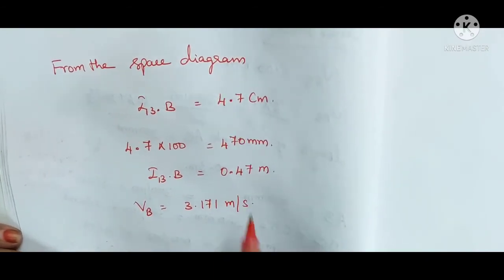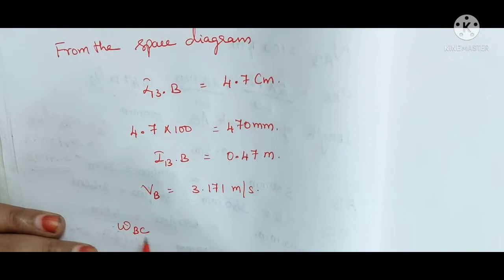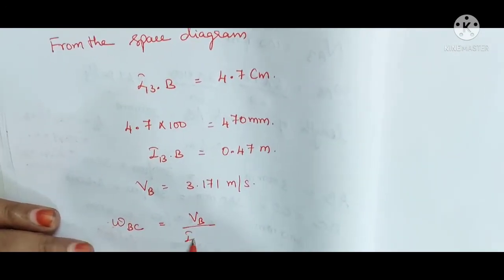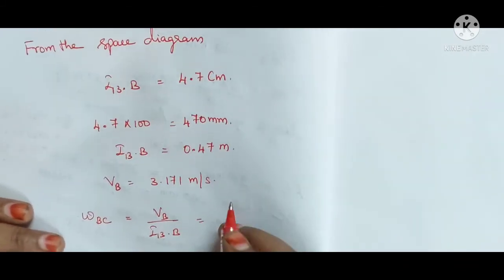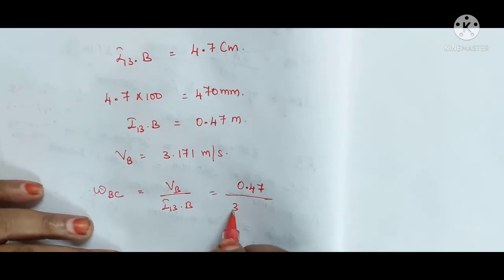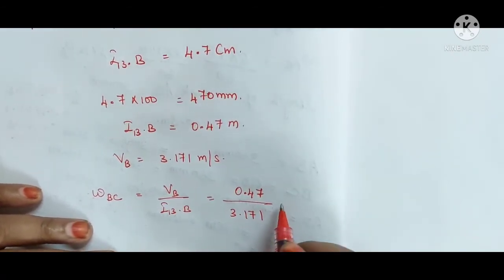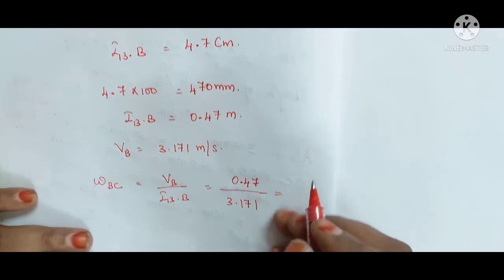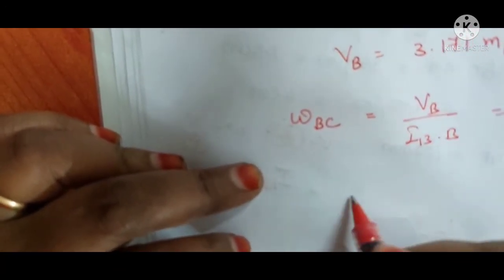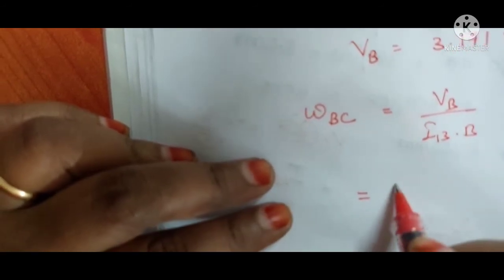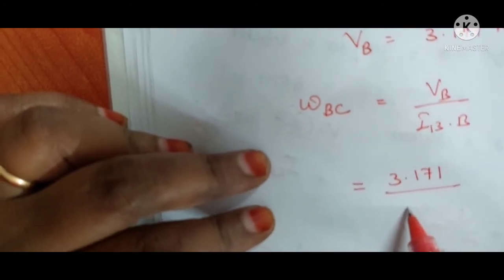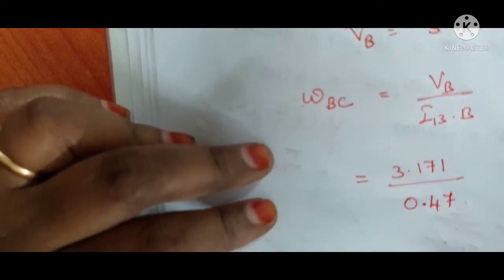Now the VB value you already know is 3.171 meters per second. So omega BC equals VB by I13 dot B, that is 3.171 meters per second divided by 0.47 from the diagram.